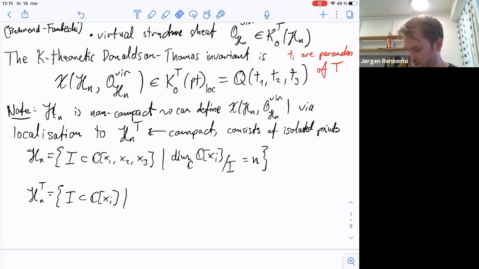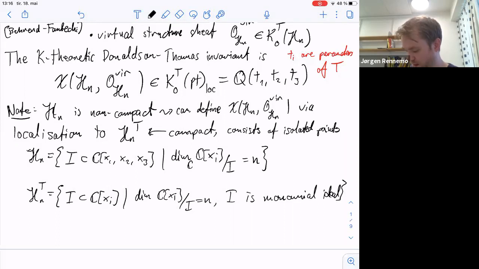Let me write this down. Still the dimension is n, but you require that I is a monomial ideal, meaning generated by monomials.